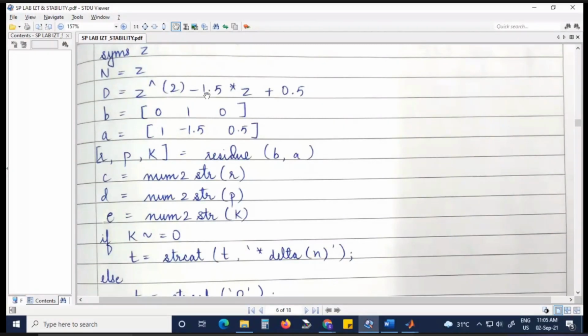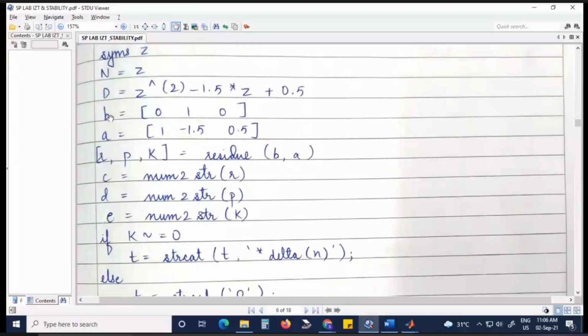But here you see how to write those coefficients in MATLAB. Since it is a ratio of two expressions, z by z square minus 1.5 z plus 0.5, how will we make MATLAB understand that this is a ratio? For that you have to write the coefficients of each polynomial in the form of an array.